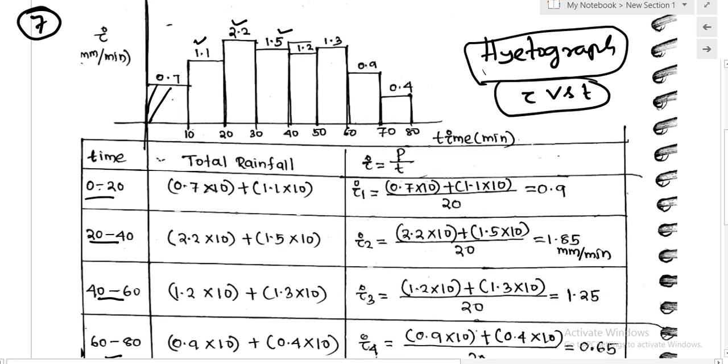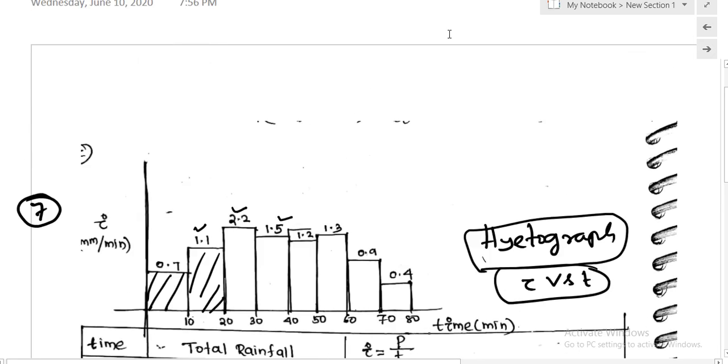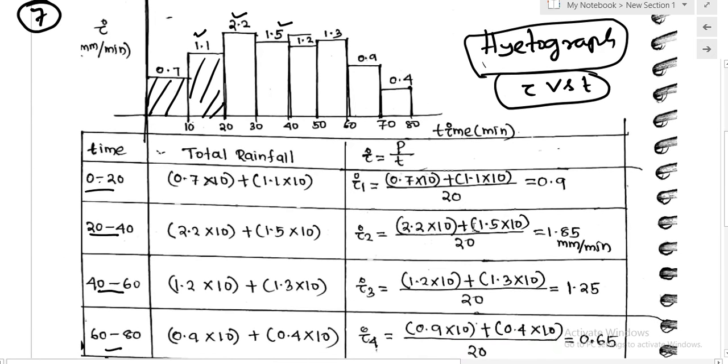The total amount of rainfall is the area of the hydrograph.